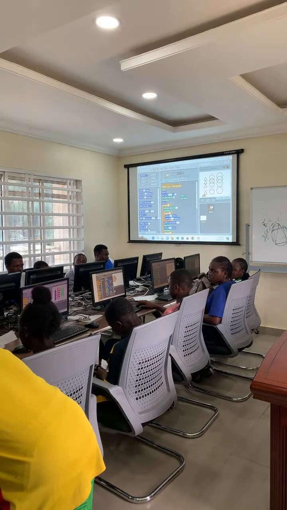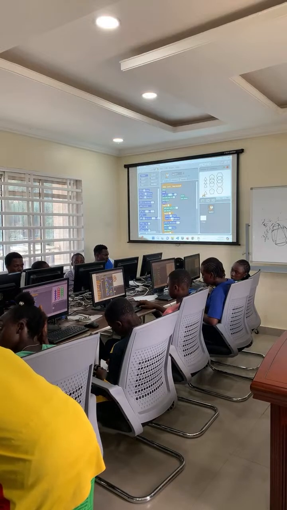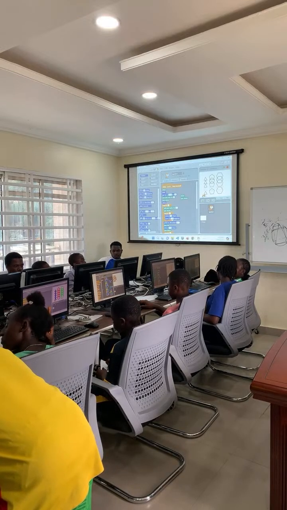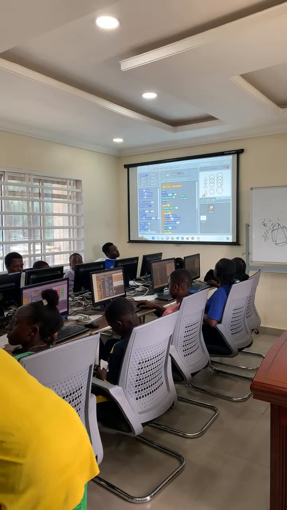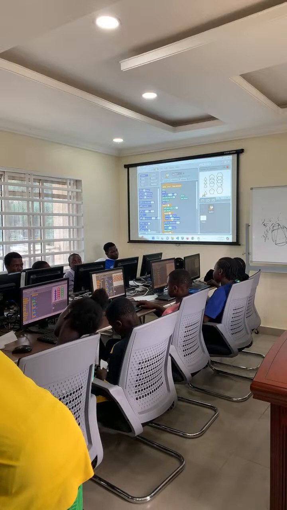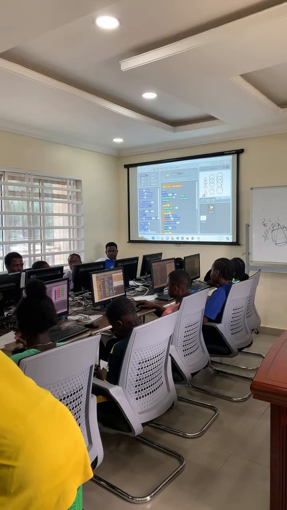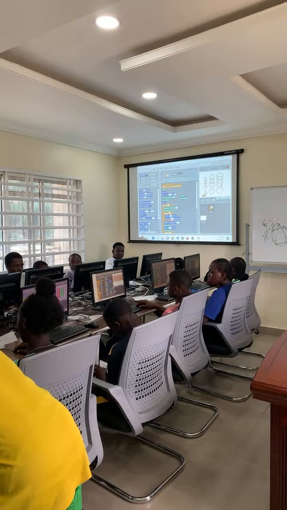So we need to figure out how to do a circle. When we figure out how to draw a circle, then we can put it into our code so that we'll have a circle alongside other shapes. So how do we draw a circle? You guys said you've done it before. So tell me the blocks to use.